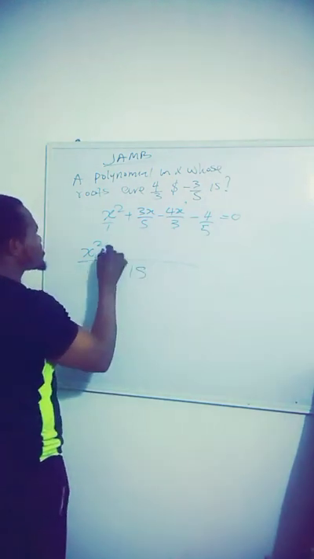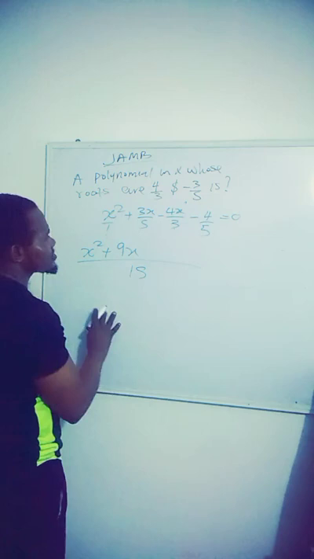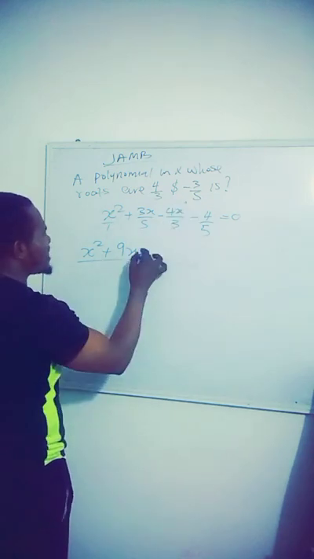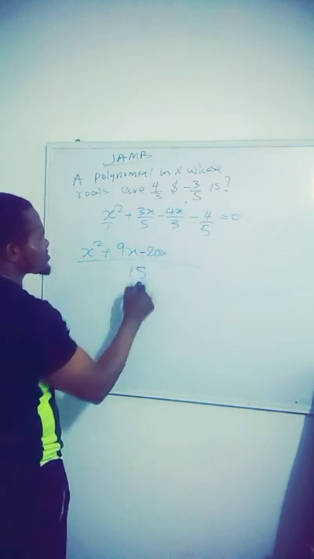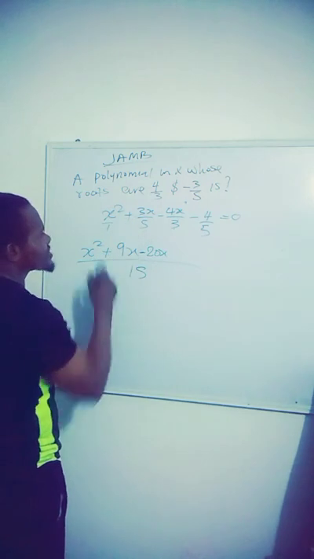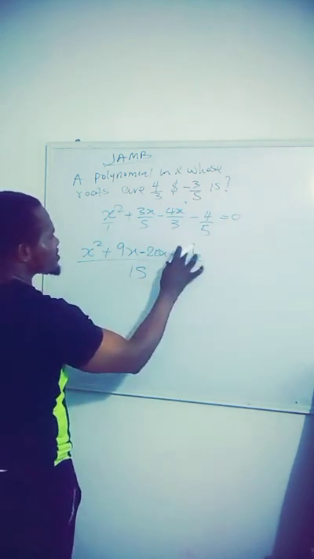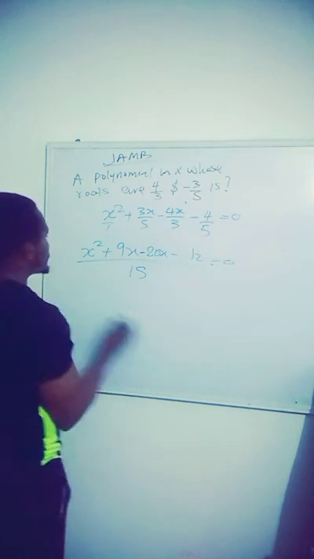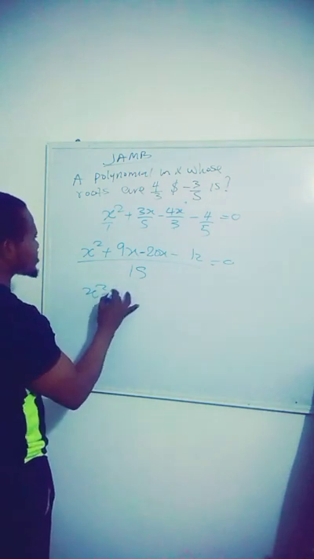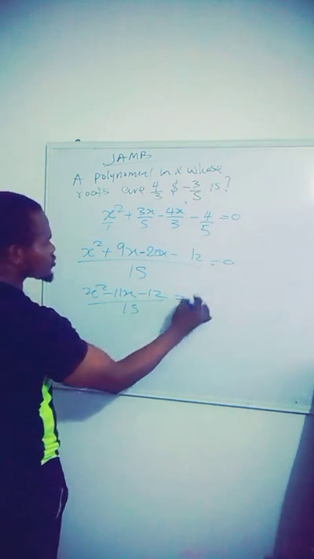Then 5 in 15, 3 times 3, that is plus 9s. 3 in 15, that is 5 times 4, that is minus 20s. So 9s minus 20s, that is minus 11s. Then minus 12 over 15 equals 0.